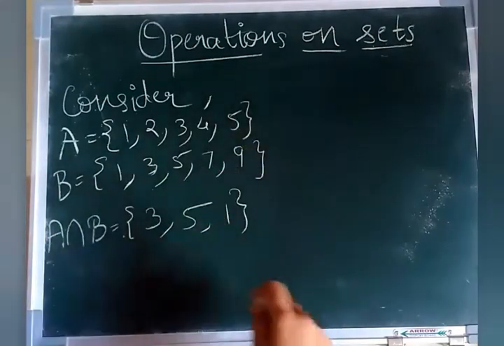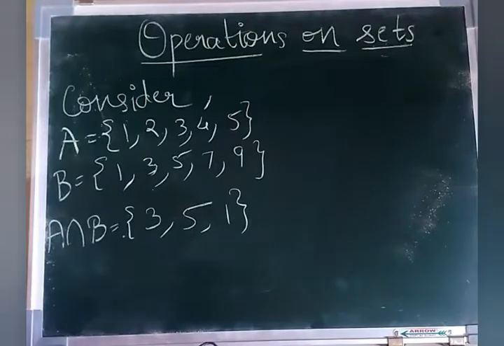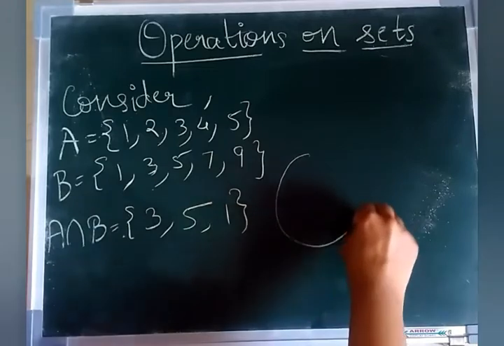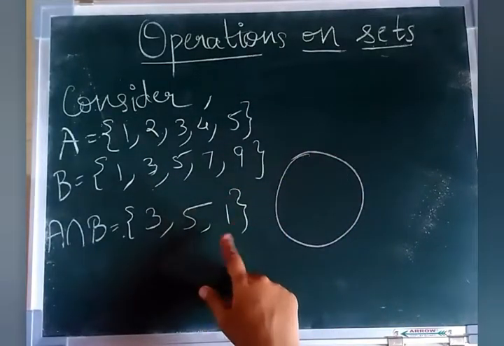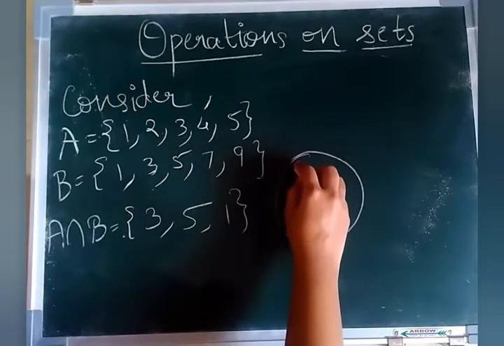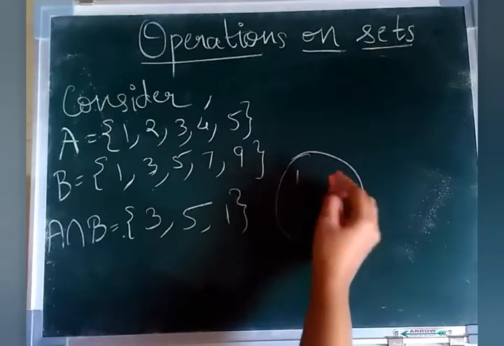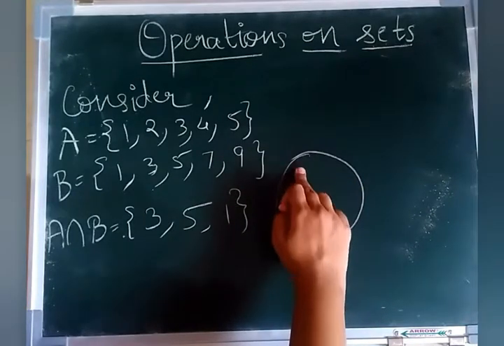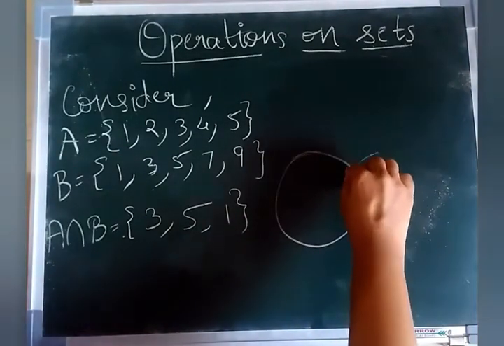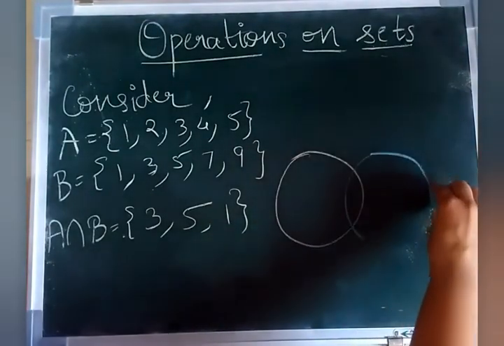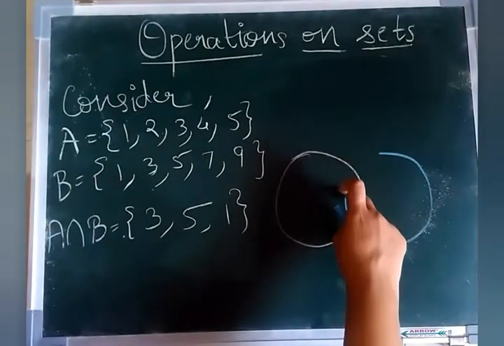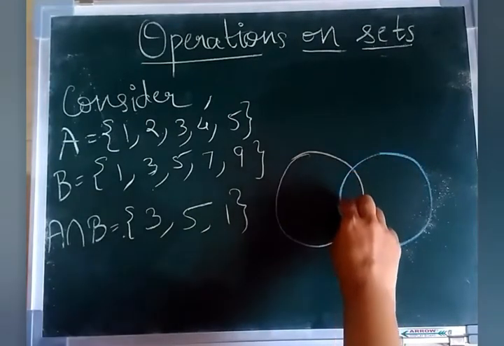Now let's see how we will represent it using a Venn diagram. Okay. So just think that this is set A, and now this is set B. Now we need the intersection area slightly larger.